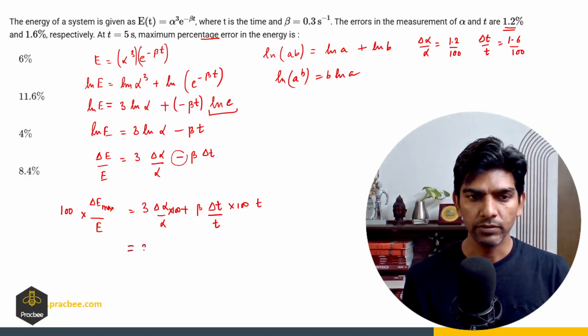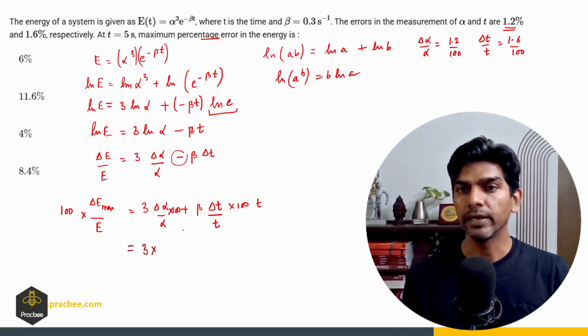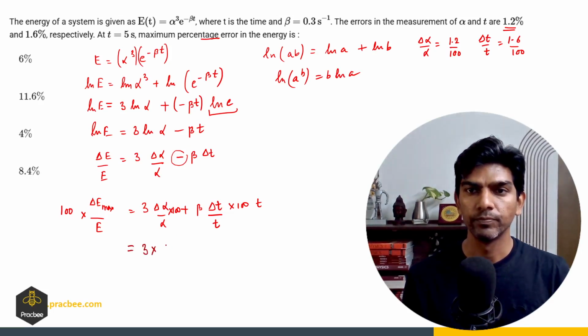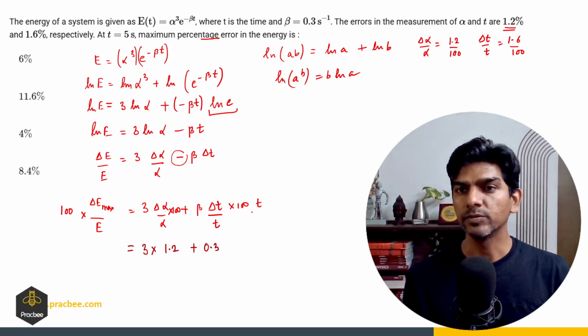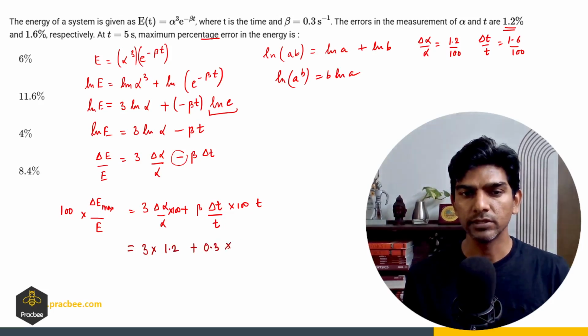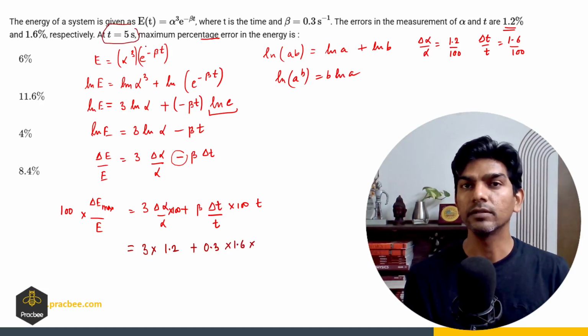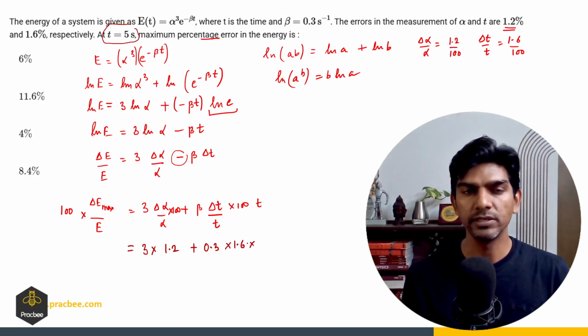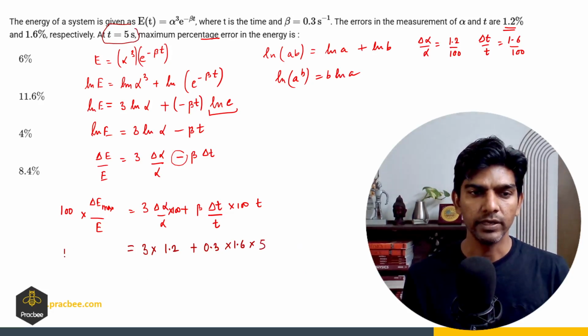This will be 3 times delta alpha by alpha, which is 1.2, and beta is given as 0.3, and delta t by t times 100 is nothing but 1.6, and t is given as 5 seconds. We have to find the maximum percentage error at 5 seconds, so let us write 5.